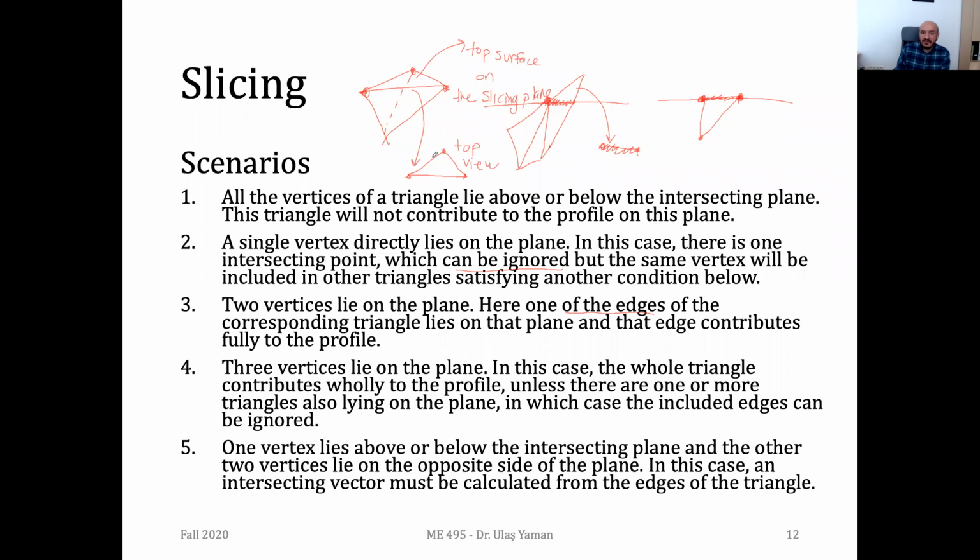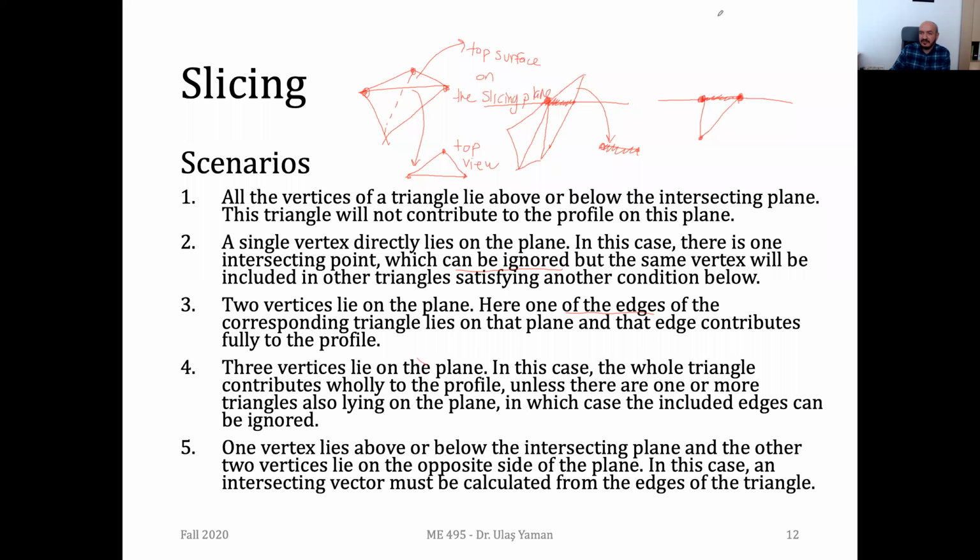And this can only happen if your part is a tetrahedron, or if the top surface of the slicing region is composed of a single triangle. If that's the case, again, you don't need to do any computation, and all the vertices of your triangle will contribute to the contour. But there might be another case here.